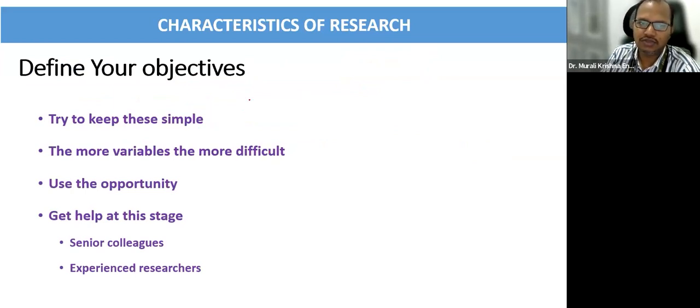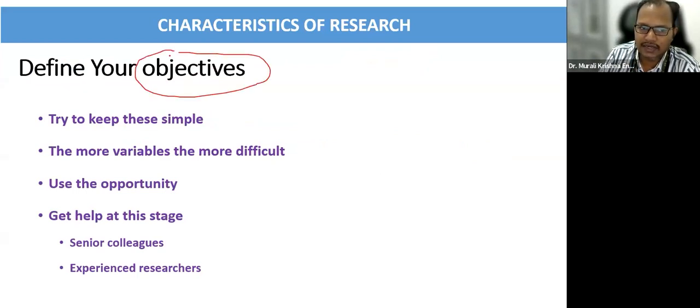So defining the objectives: I said you are going to address a question. At the initial level, make it very simple. Whatever question you are going to address, make it very simple. If you have more variables, it will be more difficult.